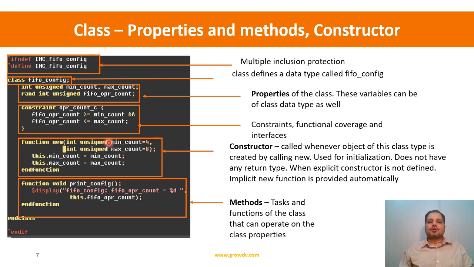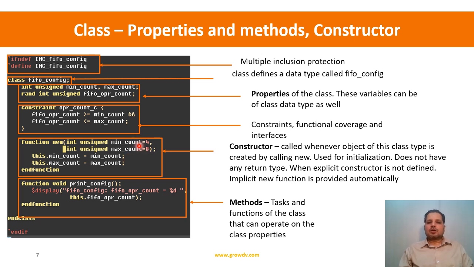And you are expected to create an explicit constructor when you have some initialization of the properties of the class, right? So if you want, whenever objects of this particular class are created, the properties of this class instance to be initialized with specific initial values, then you can write a constructor, and you can also pass arguments to the constructor, which you pass when you create the object handle.